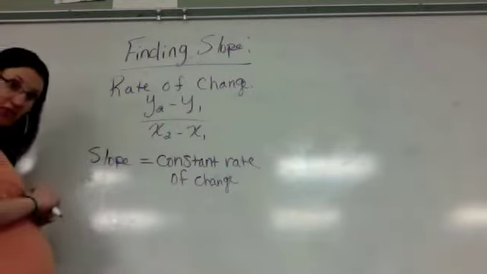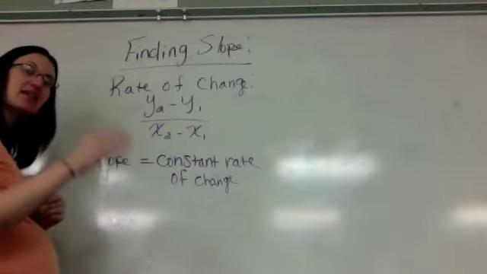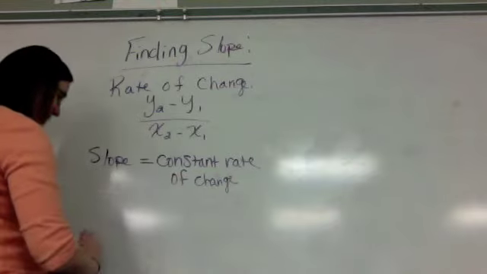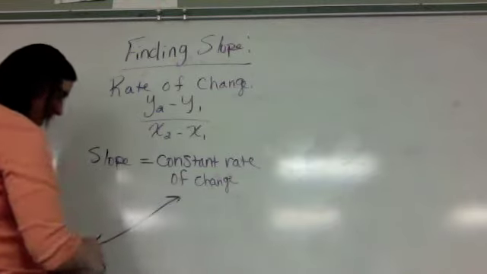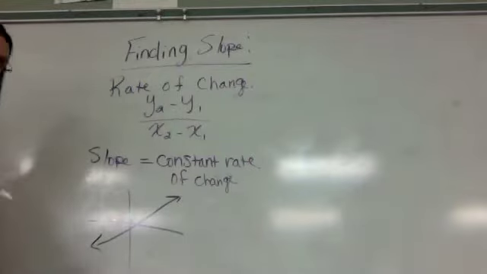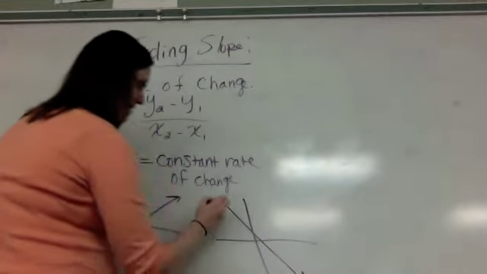And this slope is only going to apply to a graph that will constantly increase and constantly decrease. And if you remember from our previous vocab, a constant increase is a line. So if I have my xy axis, it's an increasing line. And constant decrease would be your decreasing line.